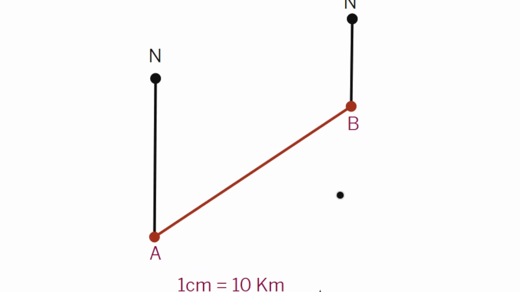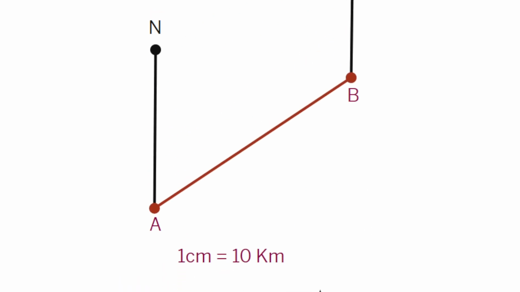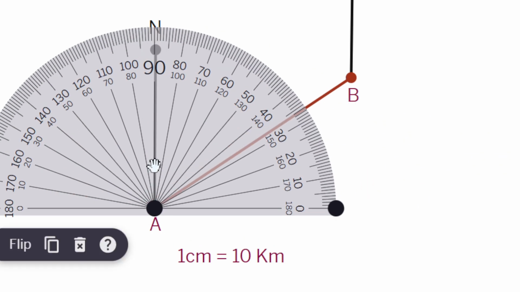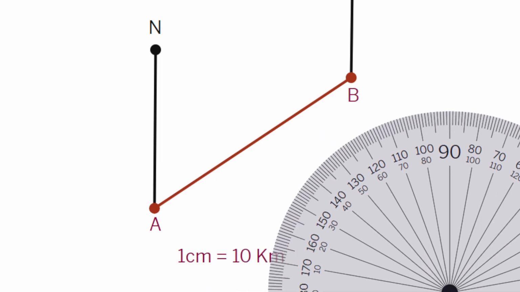You need to bring your protractor and put it on A. Put the center on A. We now need to measure this angle here, the angle between north and the line to B, clockwise. This is the bearing of B from A.